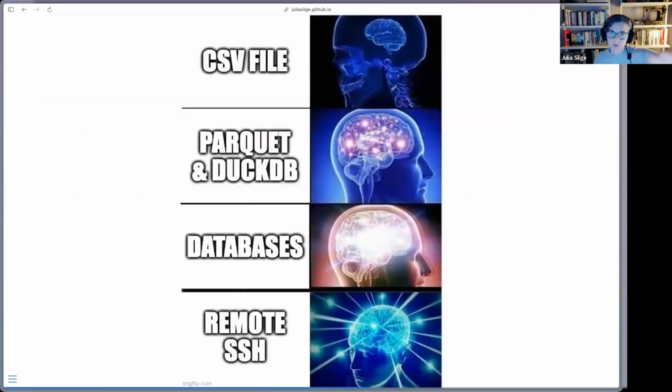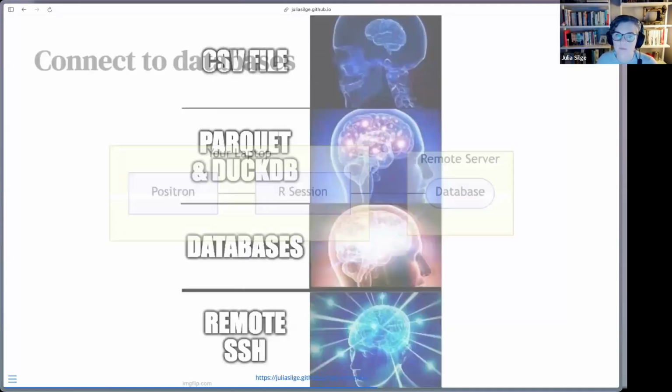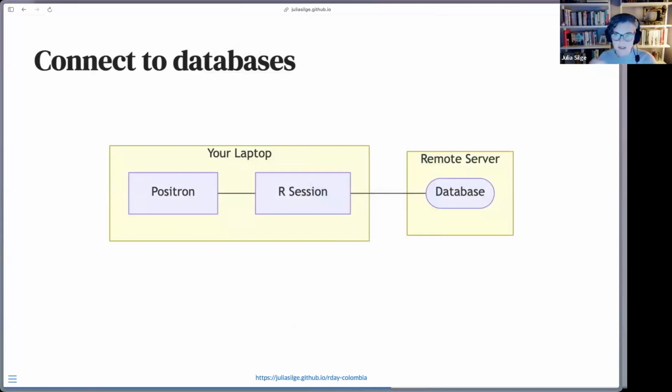Okay, so we started with CSV files. We talked about Parquet and DuckDB, and now we're going to talk about working with databases and how you can do that and what it looks like in Positron. So the architecture, how it ends up being arranged here, is what's on your laptop is Positron and R, and then R will connect to a database on a remote server.